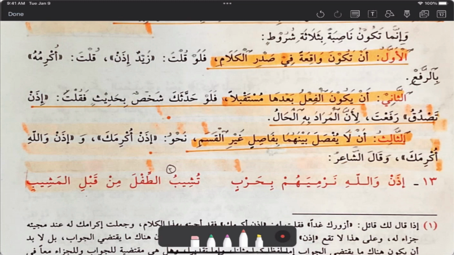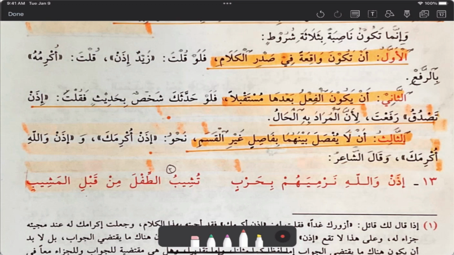فلو قلت زيد إذن أكرمه بالرفع. So, had you said Zaydun idhan ukrimuhu. So someone said something. And then you said Zaydun. So that's the first thing in your sentence. Not idhan is the first thing in your sentence.